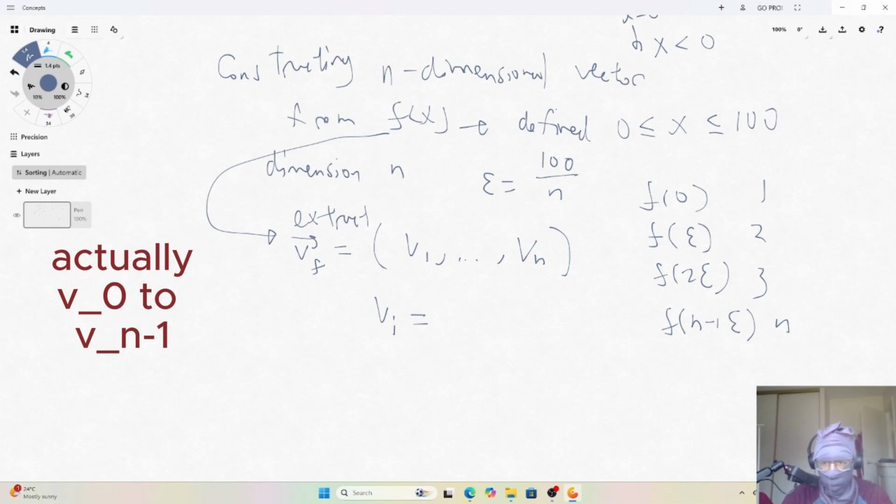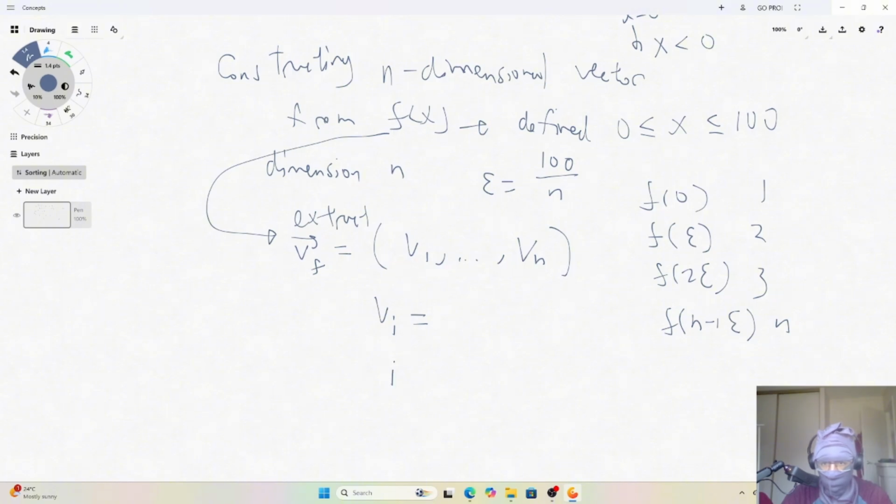So vi is given by, so i starts at 0. We can extract an n-dimensional vector from that function by that formula. So we take epsilon times i, and i is going from 0 to n minus 1.